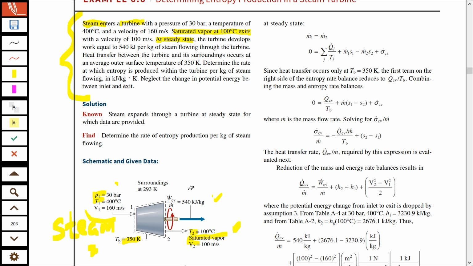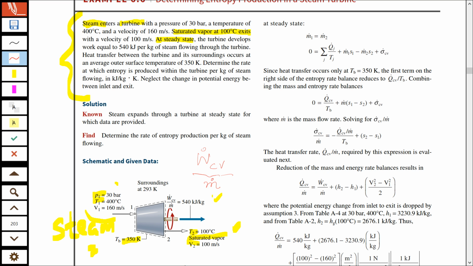So if this was WCV dot, that is the work developed by the turbine per unit time, and if you divide this by m, it will be per unit mass, but it will still be the rate.